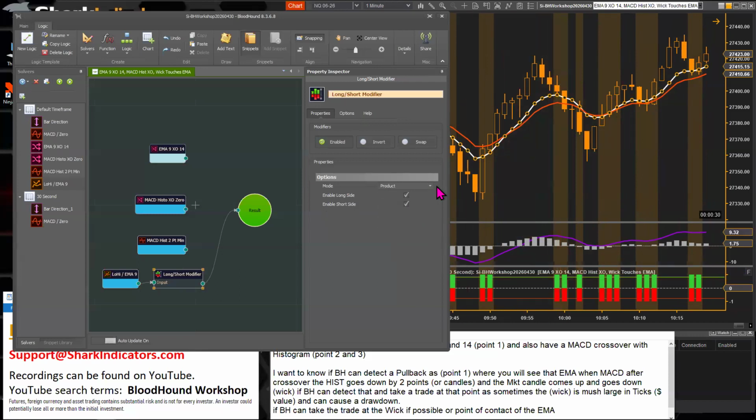But I think the most intuitive mode here is just minimum. And there we go. So we have an output whenever a bar or the bar wick touches the moving average there.